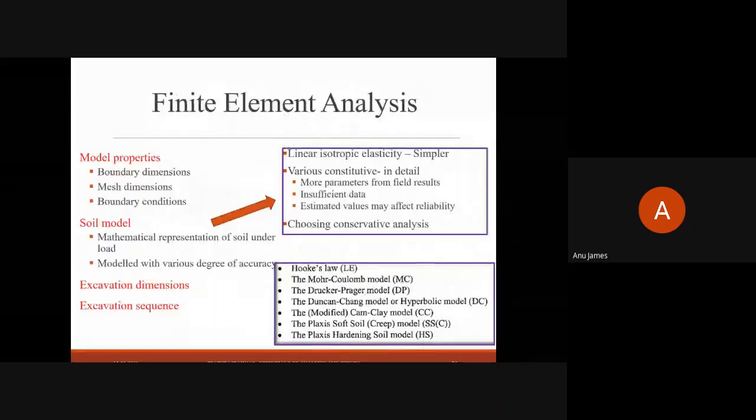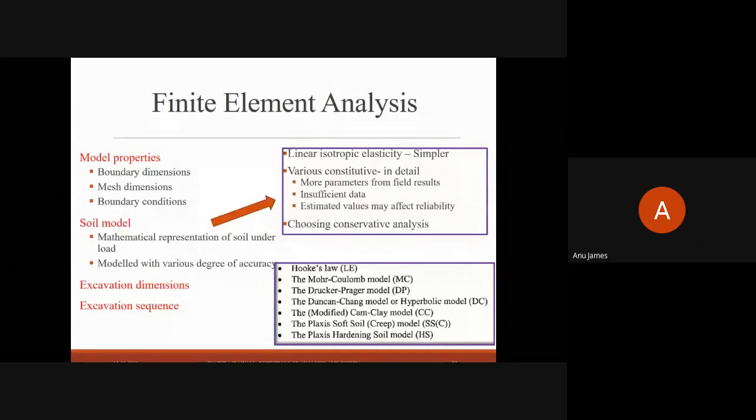So now we can concentrate on the requirements of the finite element analysis of a deep excavation system. First are the different model properties. Boundary dimensions should be clearly specified while we simulate a deep excavation model. The boundary extent should be such that it does not cut off the influence zones or different corner properties.